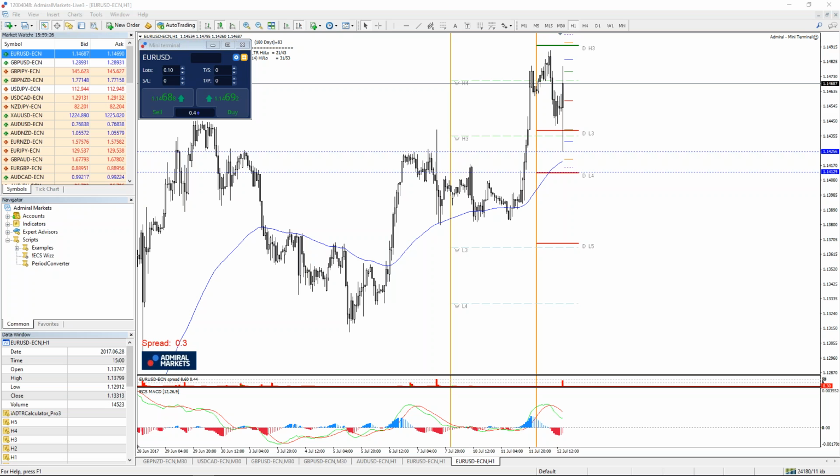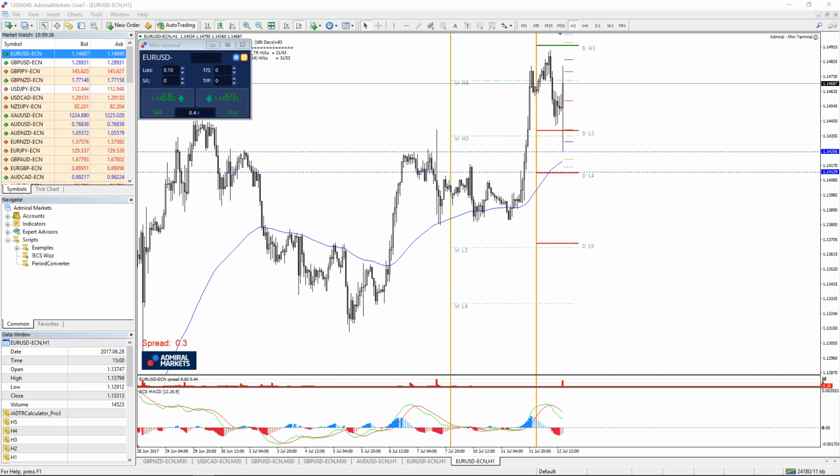Okay, I'm scanning. Pound New Zealand probably could be good to sell on rallies. Let's see, maybe we can wait for Pound New Zealand and see if we can make any trade. This is Pound New Zealand. This is a bit of rangy price action. Also, we have a broadening top.